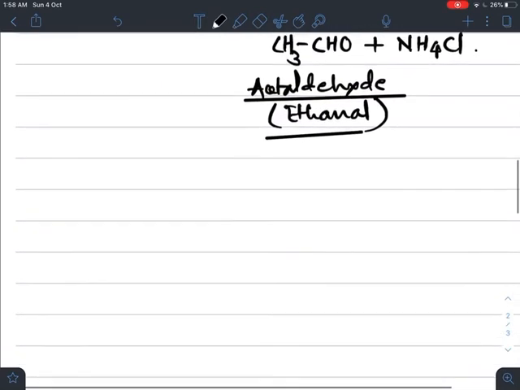If we take an aromatic aldehyde, to get an aromatic aldehyde we can take one more example, phenyl cyanide, C6H5CN, and its name is benzonitrile.